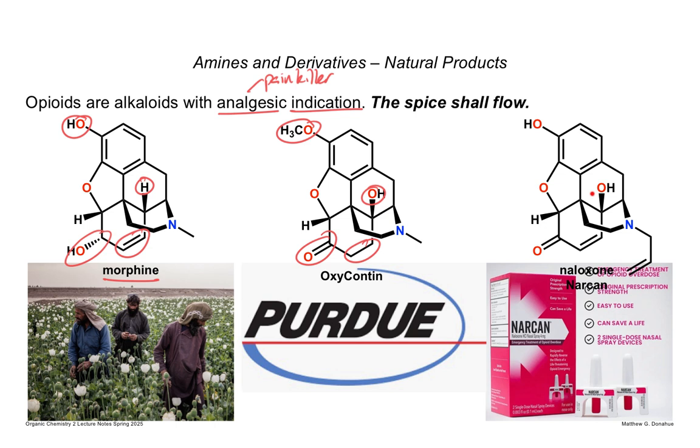Once this is shot up through the nose spray, it kicks that out, but it doesn't have the addictive quality. So it helps in case of an overdose. It gets it out of there. That shows you structurally how similar things can be, but with very different indications. And with that, we'll end today. Have a good spring break, and when we come back on that Monday, we'll learn about reactions.